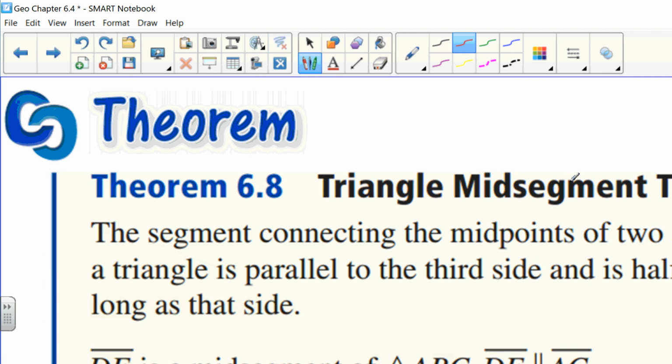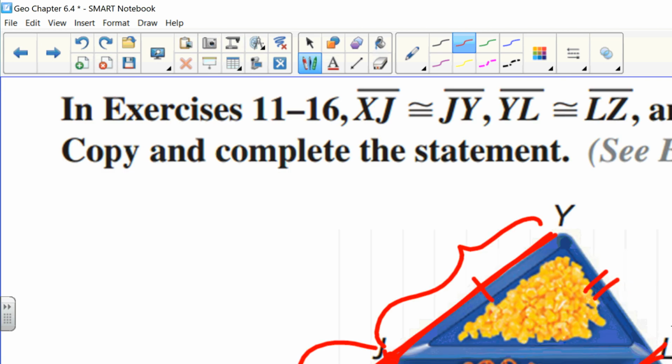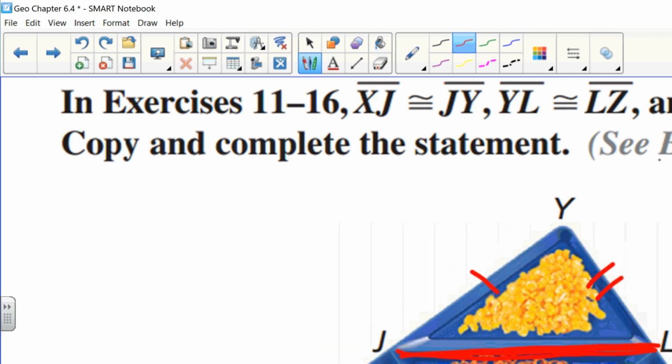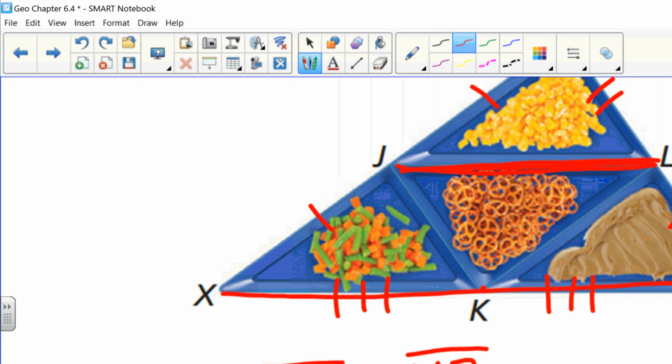So two congruent segments connect at the midpoint. Because the mid-segment is always parallel to its third side. So here, the mid-segment is JL, and the third side would be XK, and it's equal to half of the measure. K is the midpoint, so it breaks it in half.